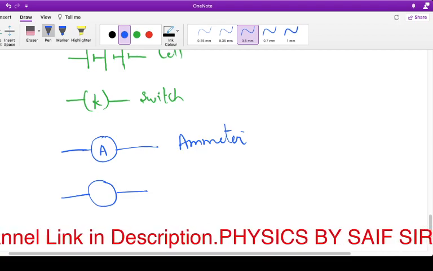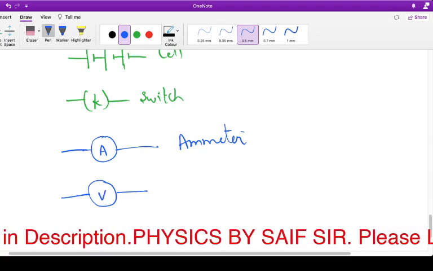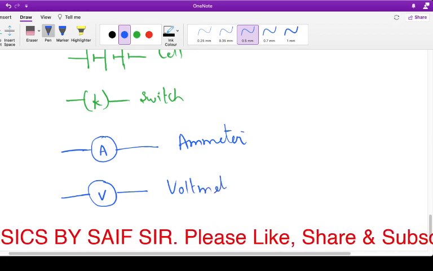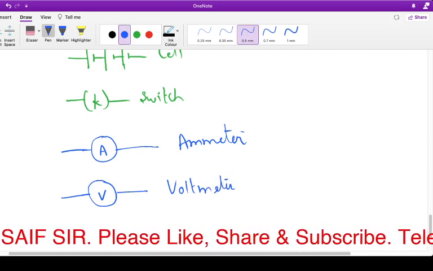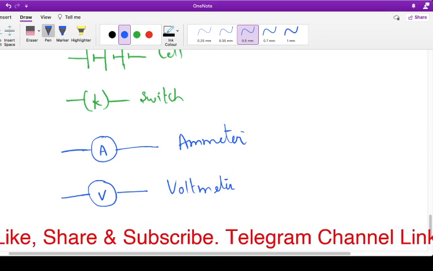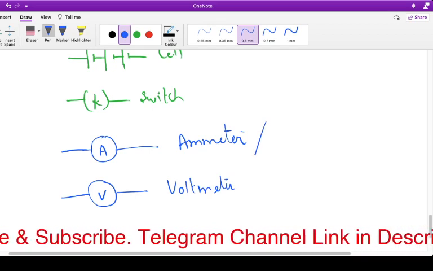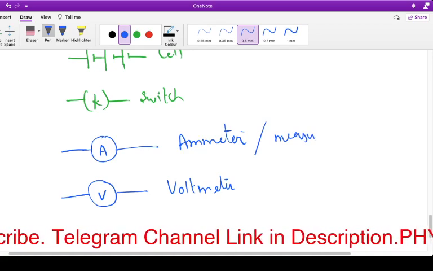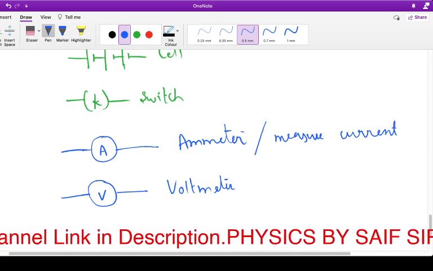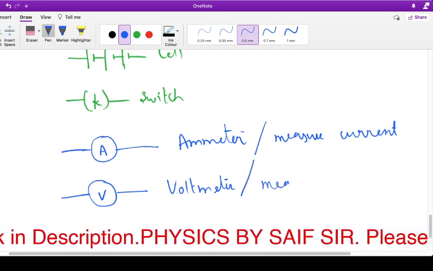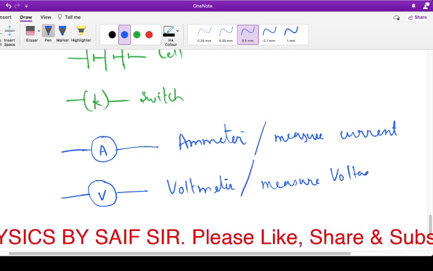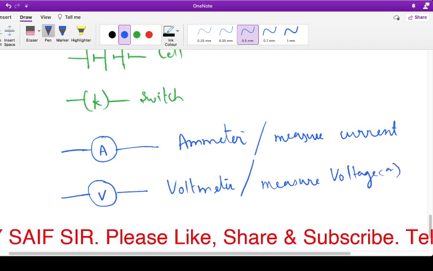Then you write V, which is the voltmeter, used to measure voltage and to see the potential difference. So the ammeter is used to measure current, and the voltmeter is used to measure voltage or potential difference.